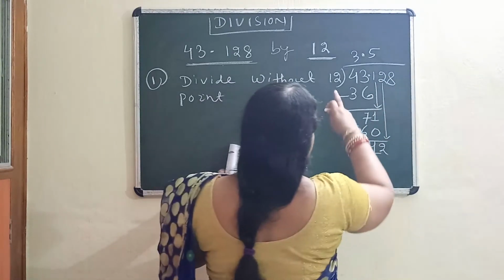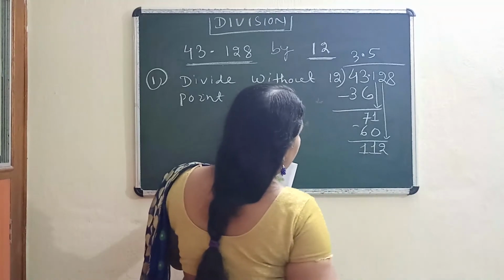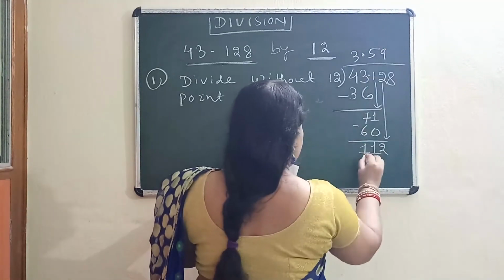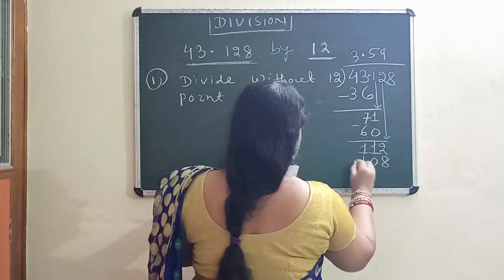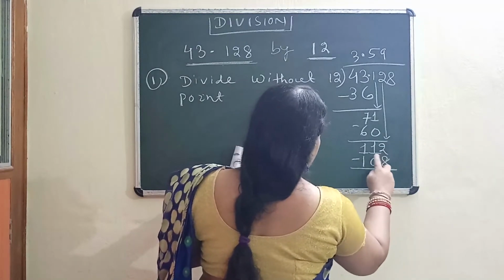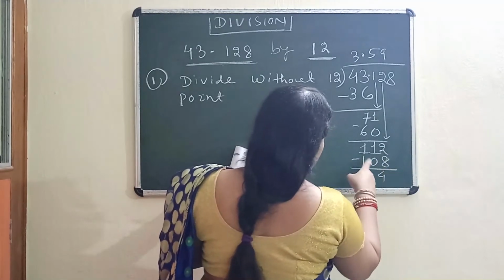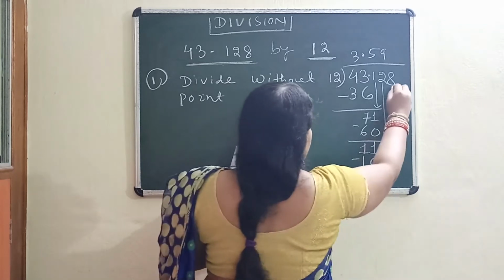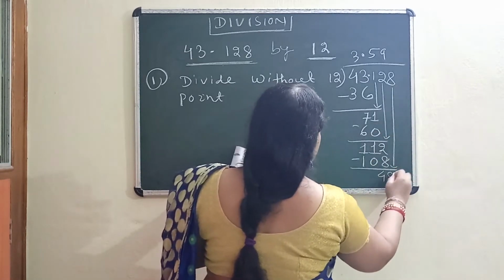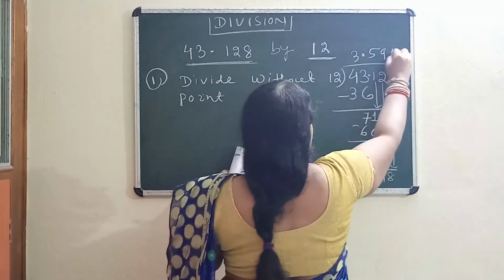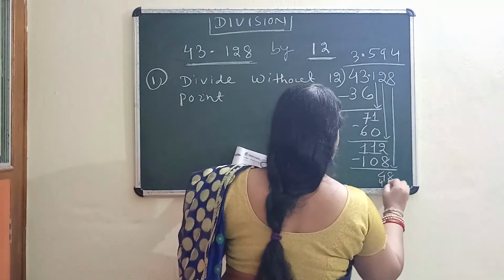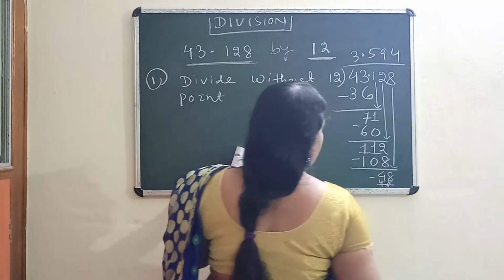Again this 2 will come down, 112. Then how much value can you put here? 12 9s are 108. Then how much is left? 112 minus 108 is 4. Then another 8 is there, 48. Okay. 12 4s are 48. Then your remainder is 0.